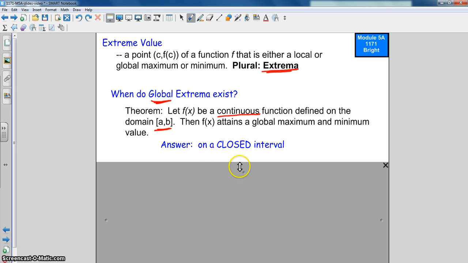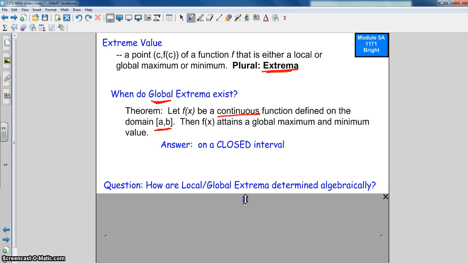There are other cases where you do have a global extreme value, but in general, this is a good catch-all. Now we want to try and determine all this algebraically, because remember, we want to be able to do everything graphically, algebraically, and tabularly. Tabularly, we're not going to do because it takes a long time.